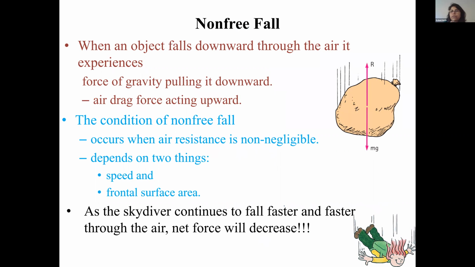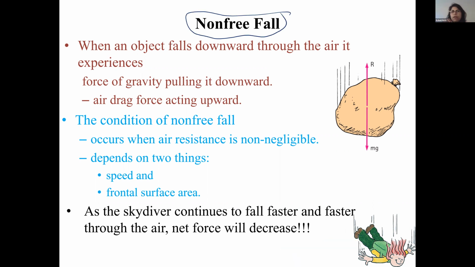Okay, not all objects that fall belong to free fall. If there is an object falling with some disturbances like air resistance, then we need to consider that air resistance on the object. Those we call non-free fall motion.